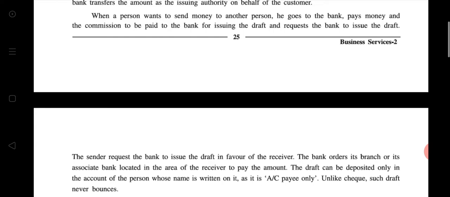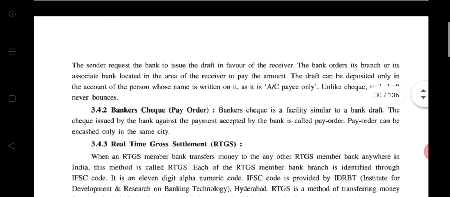Then the sender requests the bank to issue the draft in favor of the receiver, and the bank orders its branch or its associated bank located in the area of the receiver. I want to send money to Ahmedabad.